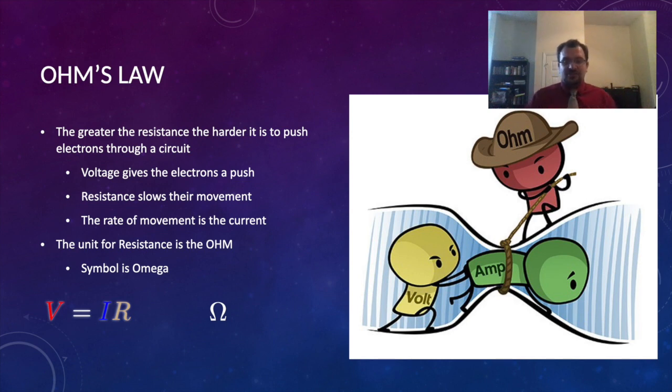And those electrons going down the wire is the current, which is of course measured in amps. And ohms, the measure of resistance, is restricting that flow, making it harder for the electrons to travel. And as part of that resistance, work gets done.